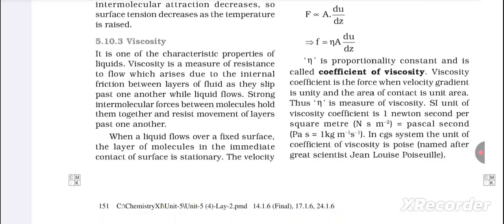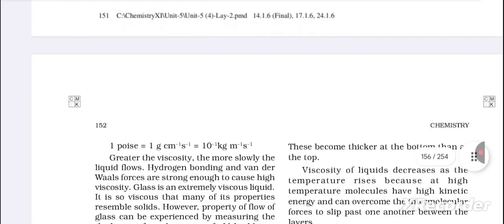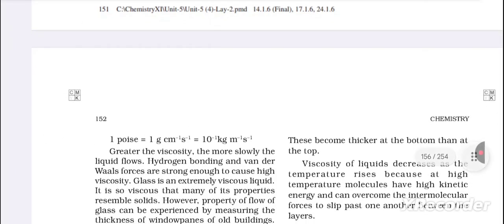In the CGS system, the unit of coefficient of viscosity is poise, named after the great scientist Jean Louis Poiseuille. 1 poise equals 1 gram per centimeter per second.